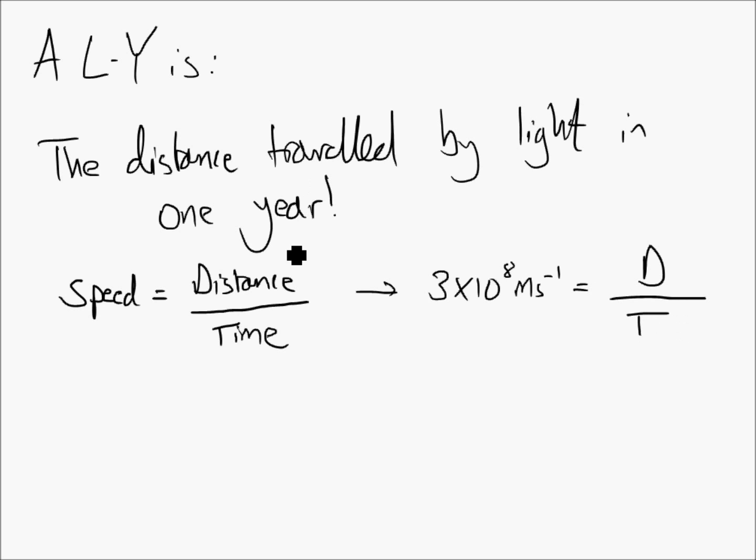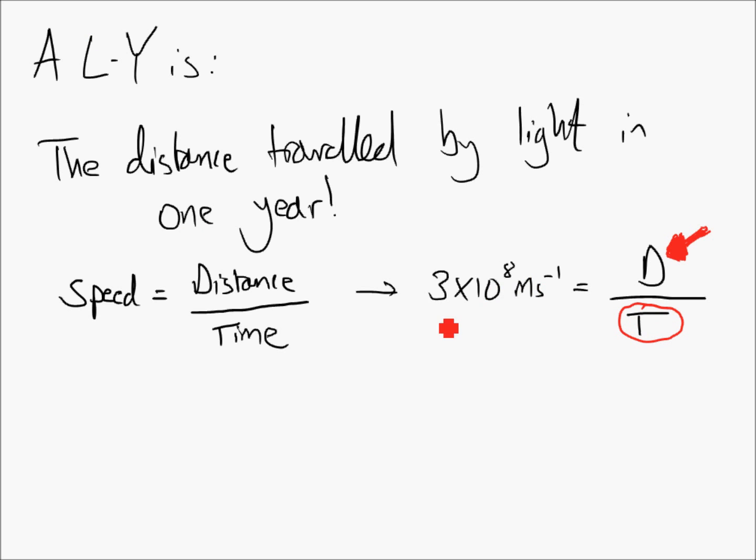If I put in 1 year as my time and use the speed of light, I can work out how far light travels in a year. This distance is going to be a light year. That's what we call it.